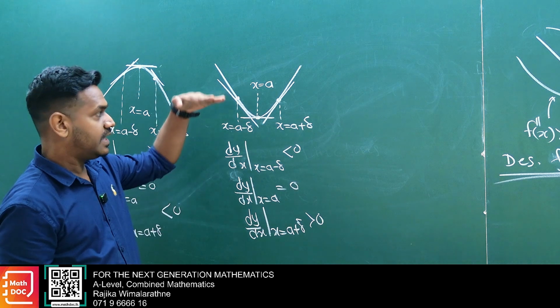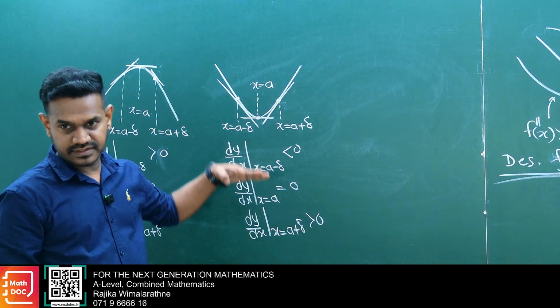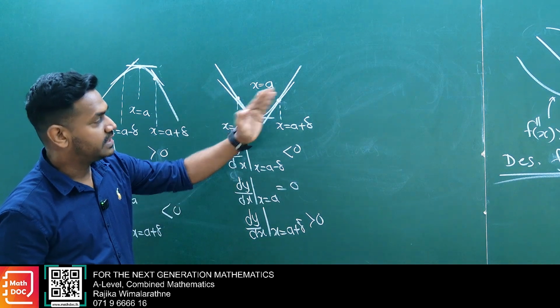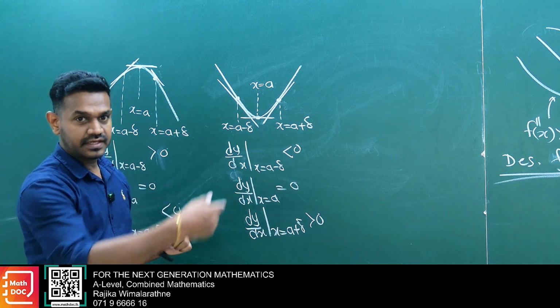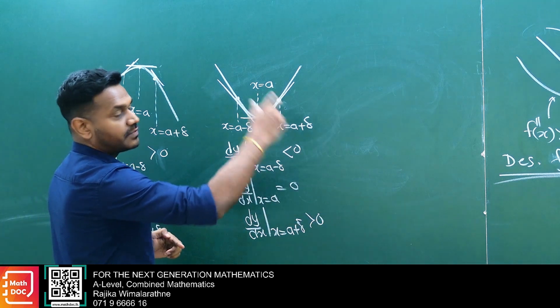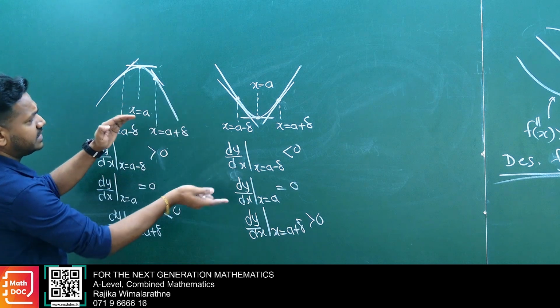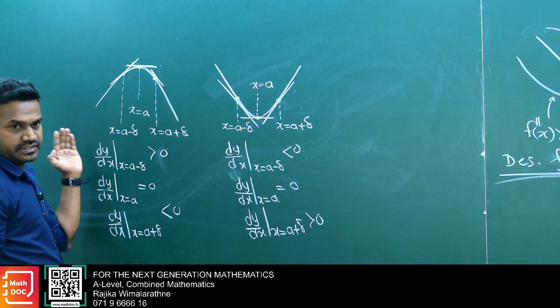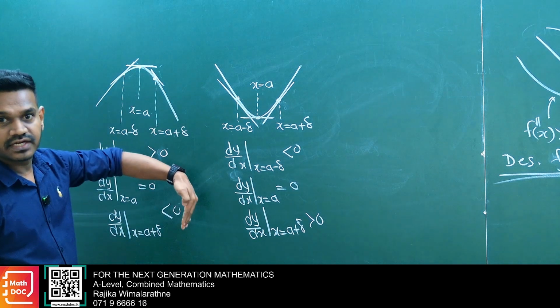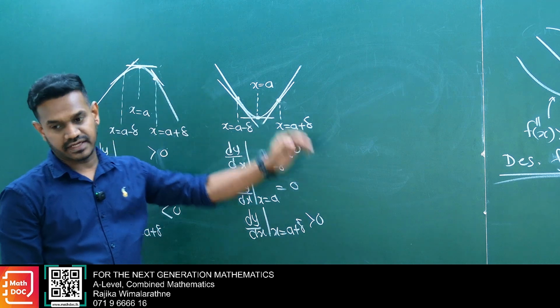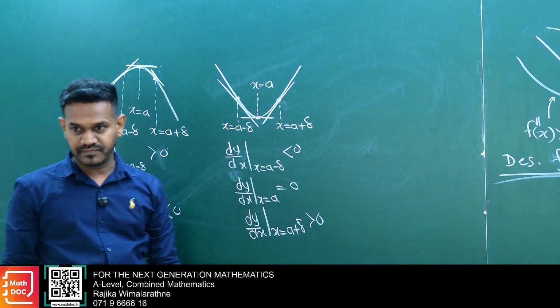So anyway, at that point, gradient 0, then some point away, here right hand side positive and left hand side negative. Here right hand side negative, left hand side positive. Positive to negative variation, negative to positive variation. That's how we analyze maximum and minimum.